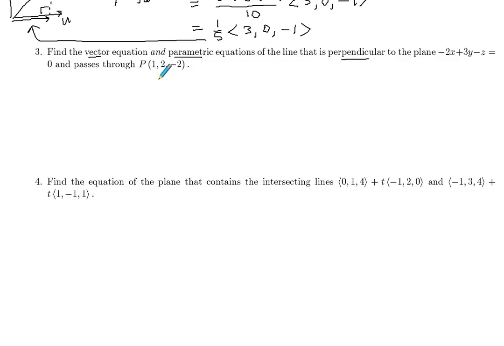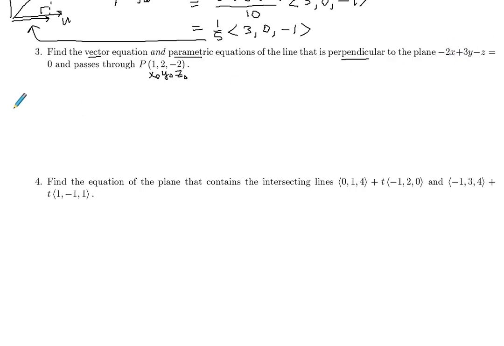Well, we've got our point here. So this is our x0, y0, z0. And then we need our direction vector. We know this line is perpendicular to this plane, so that's got to give us the direction of the line.